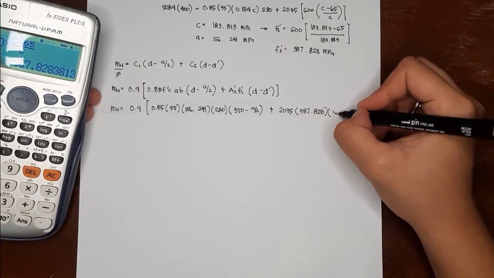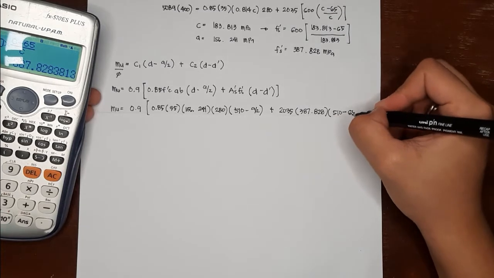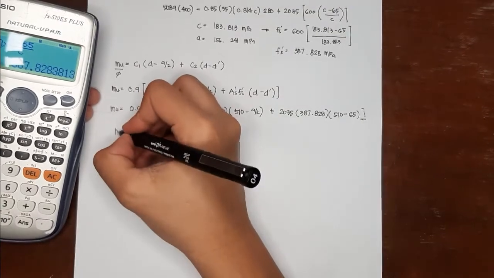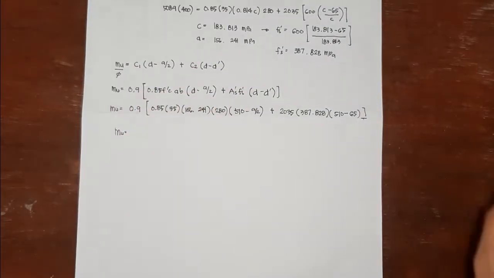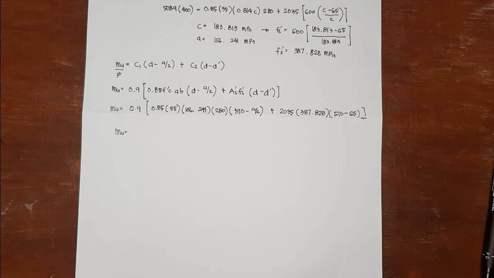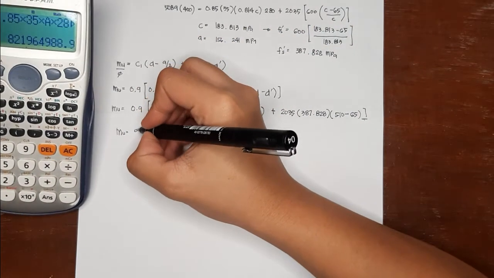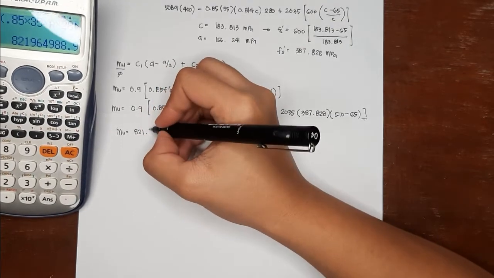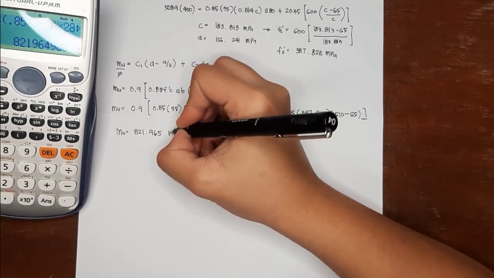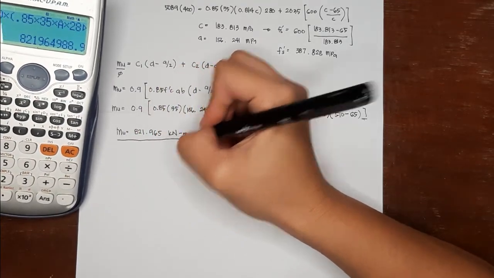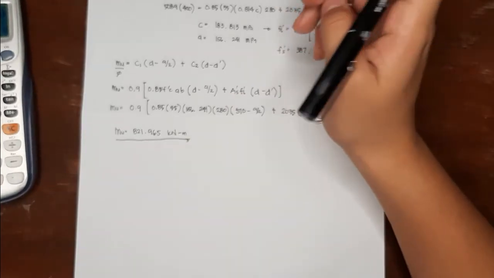Multiply to your D, that is 510 minus your D prime of 65. Therefore, your Mu is equal to 821.965 kilonewton meter. That is your ultimate moment capacity of your doubly reinforced beam.